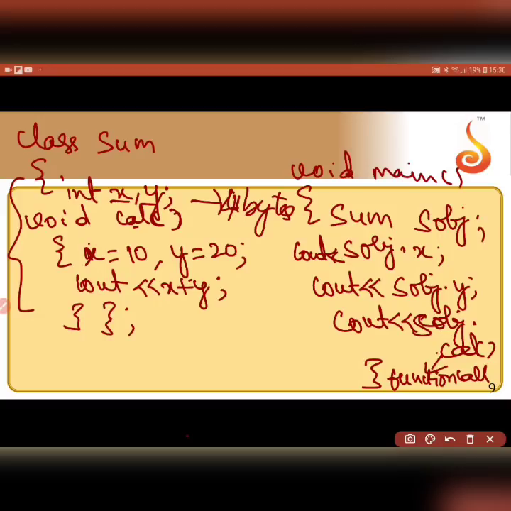Now tell me what would be the output here. Just go through this, think what would be the output here. So all these three will give me error. Why will it give me error?